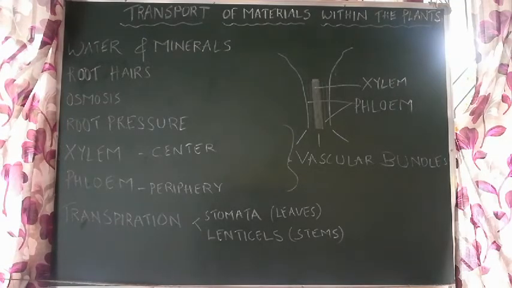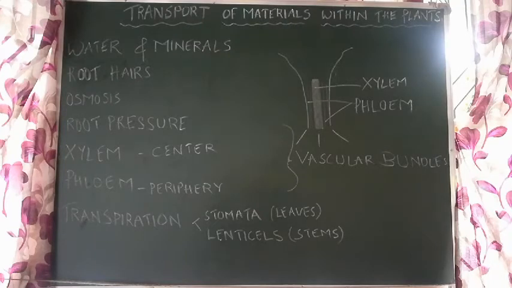Now what is osmosis? It is movement of fluids across a concentration gradient. It means that the concentration of the fluid present inside the cells of a plant is high compared to the concentration of fluid present in the soil.